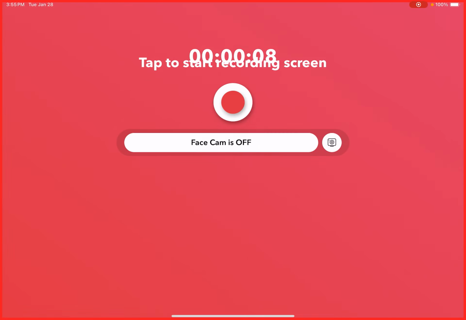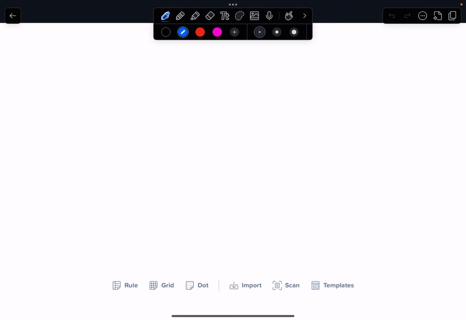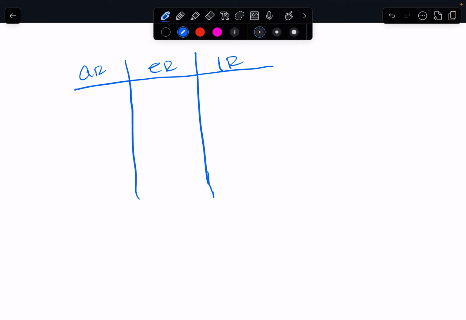So today we're going to go over chapter 5 and some of the grammar for chapter 5. Starting off the chapter, we go from making your regular AR verbs, ER verbs, and IR verbs, right? This you should have learned in Spanish 1.